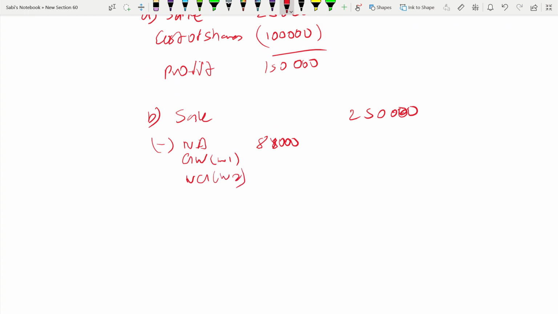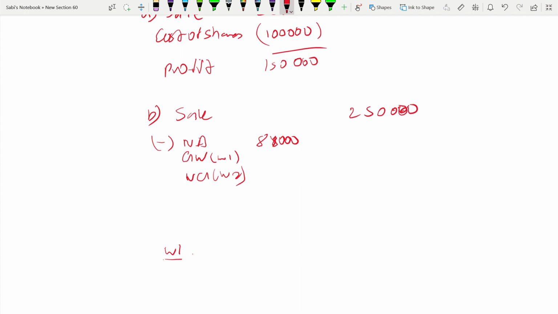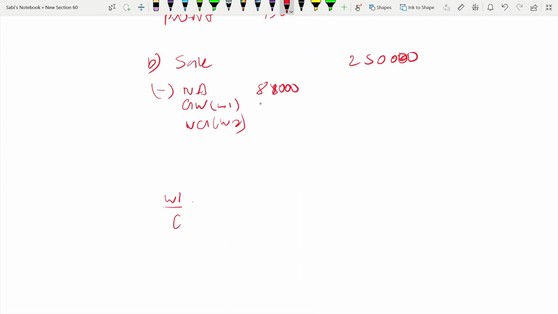So we'll do working 1. First is consideration. You bought it for 100,000. Then NCI. They have given you the fair value, 15,000. Then net asset at acquisition, not at disposal date, 69,000.